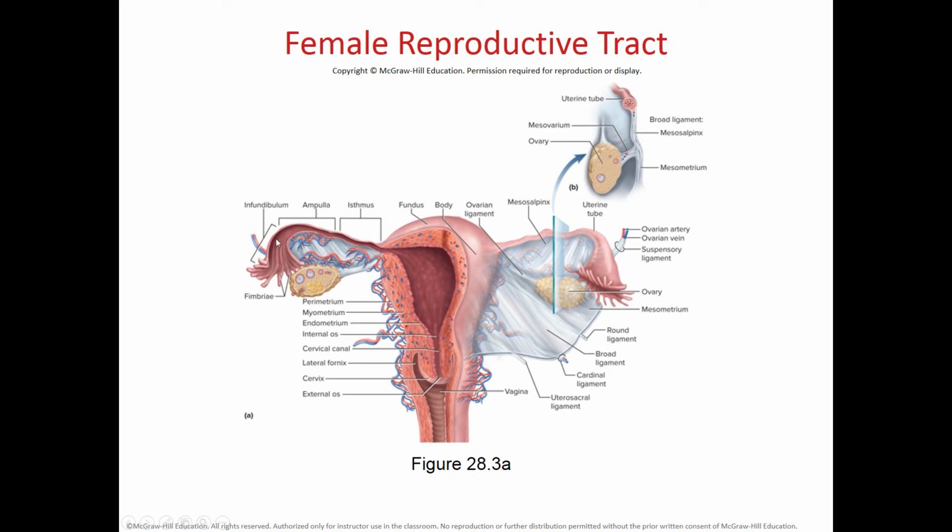So again, this is the infundibulum, and then you have the ampulla, and then you have the isthmus. Fertilization happens between the boundary of the isthmus and the ampulla.